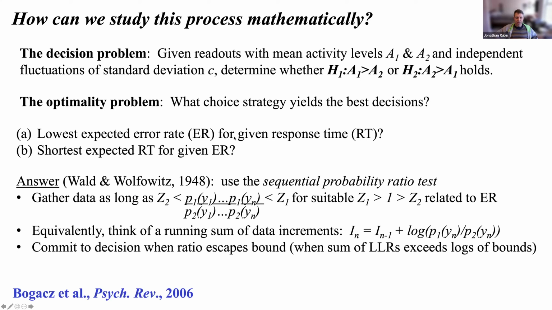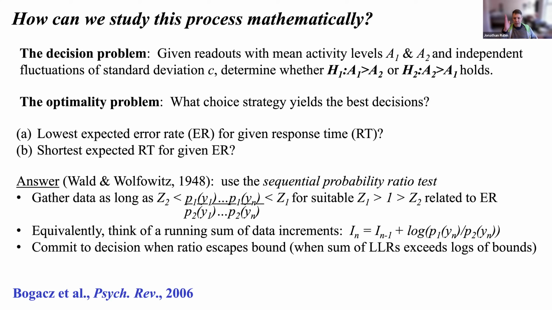So the answer is, if you want to come up with the best strategy in these A and B terms, what you should do is use what's called the sequential probability ratio test to make your decisions.